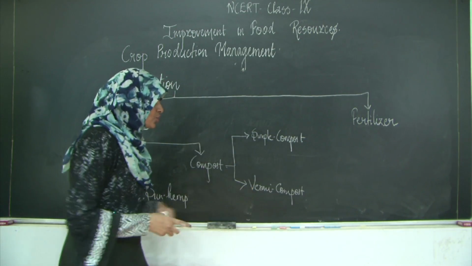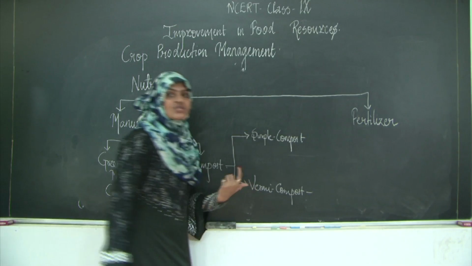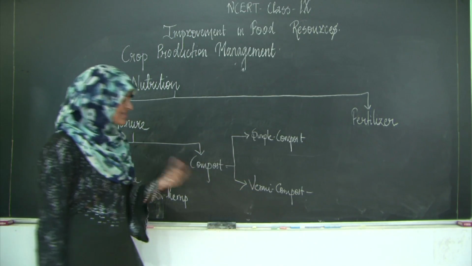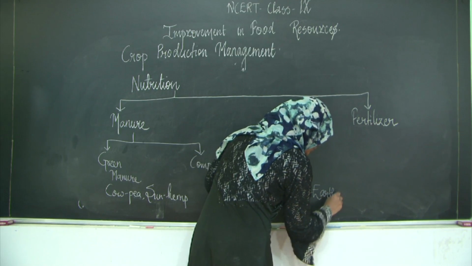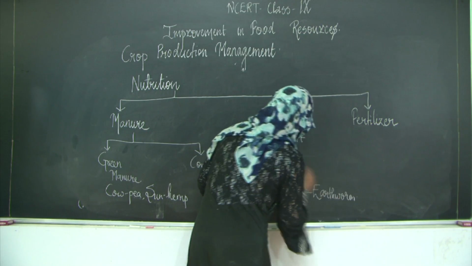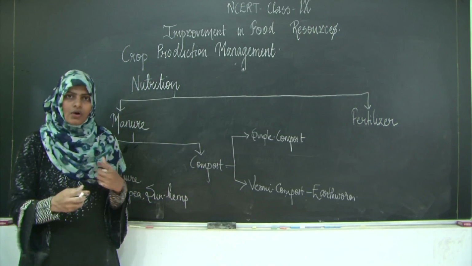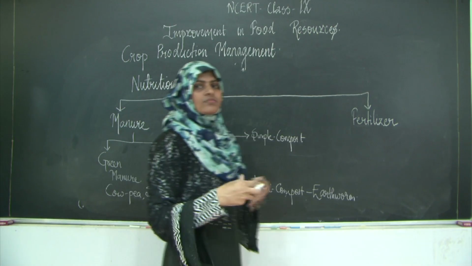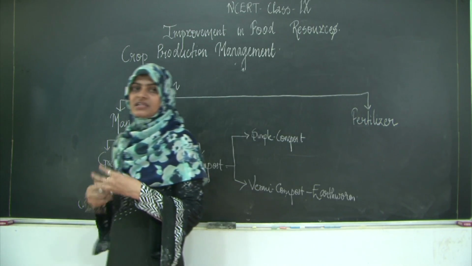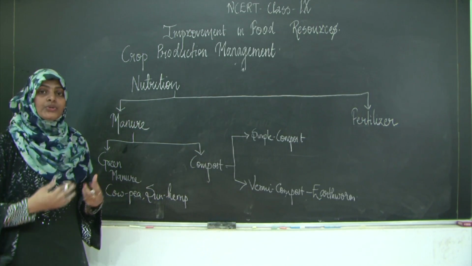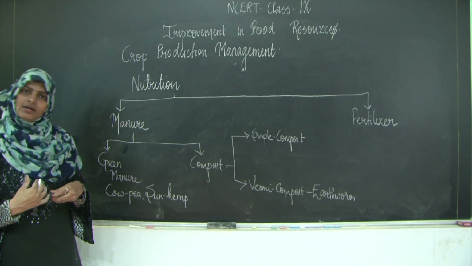In vermicompost, you use the worm, and which worm will you use? The farmer's friend, that is the earthworm. Along with a little amount of compost, you add the worms, because the earthworm takes the soil in and breaks it down into smaller chunks so that the nutrients can be easily absorbed by the plant.